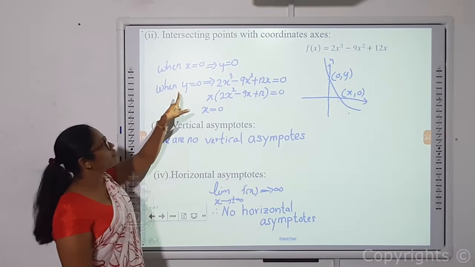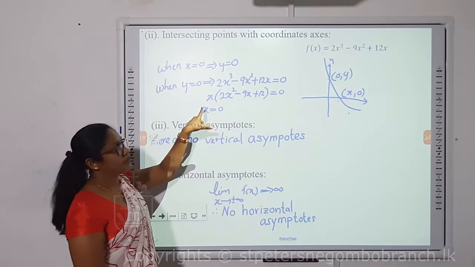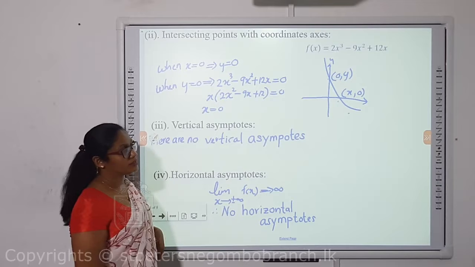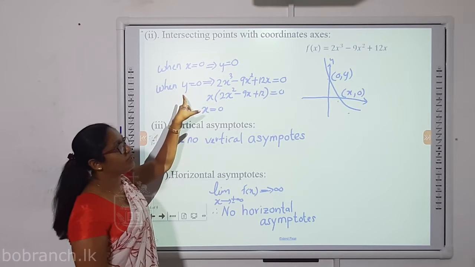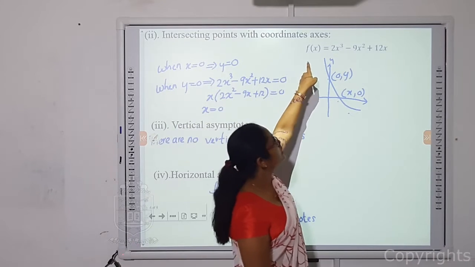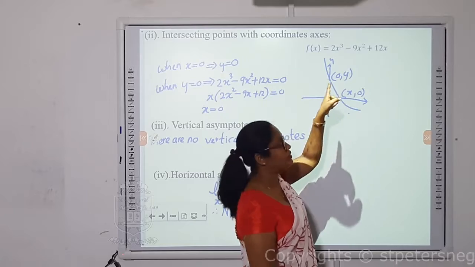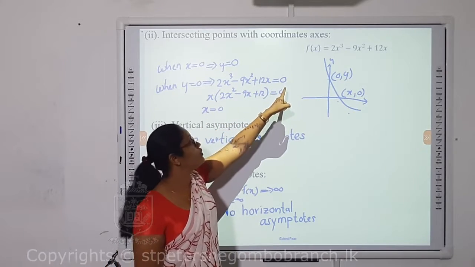When y equals 0, I try to find the place where the graph cuts the x-axis, right? So y equals 0 means the value of the function becomes 0. That means I can equate this function to 0. That's what I have done here. The function has been equated to 0, right?